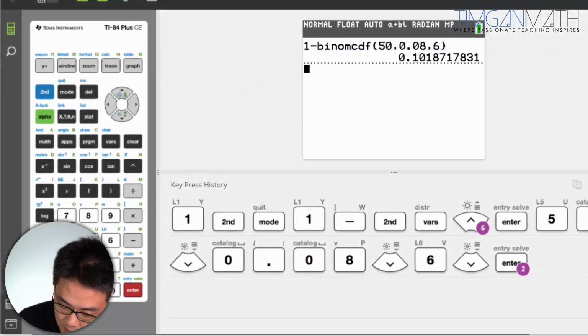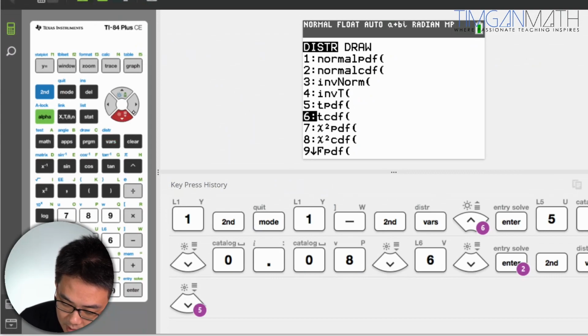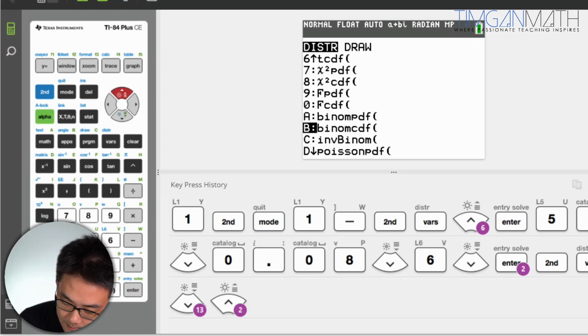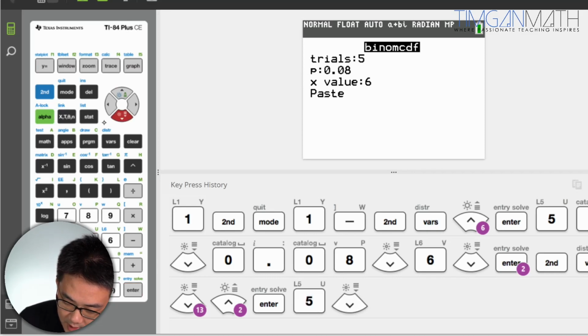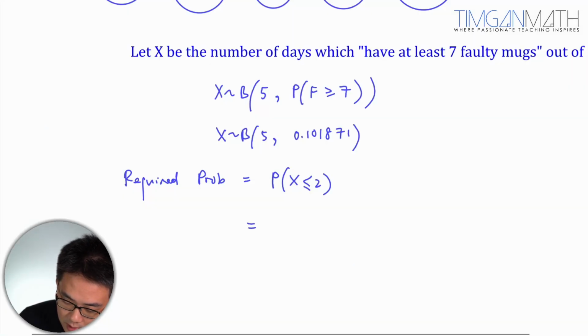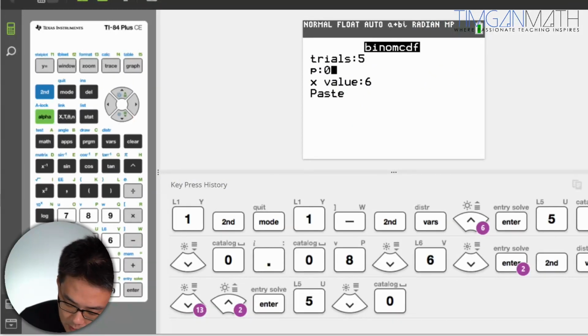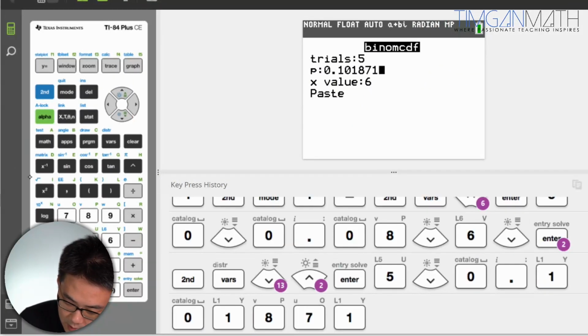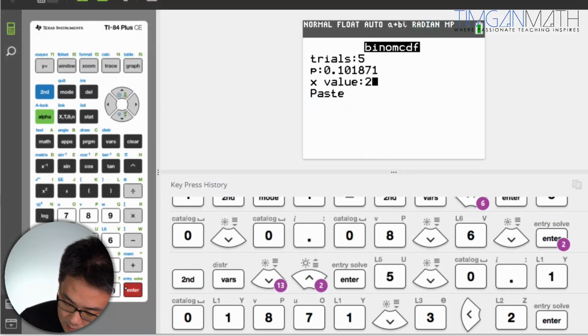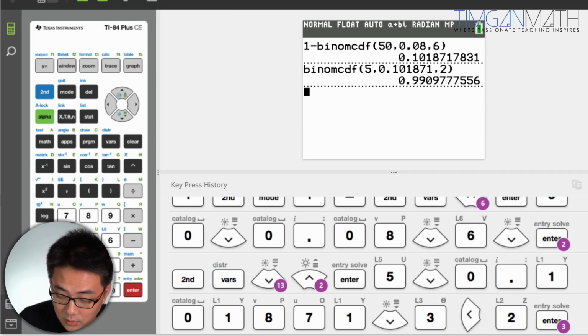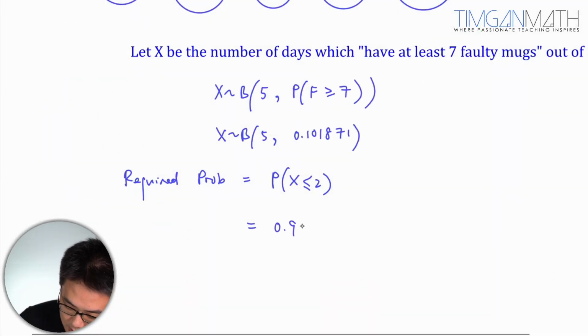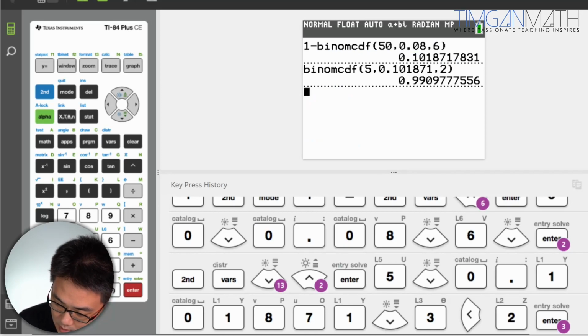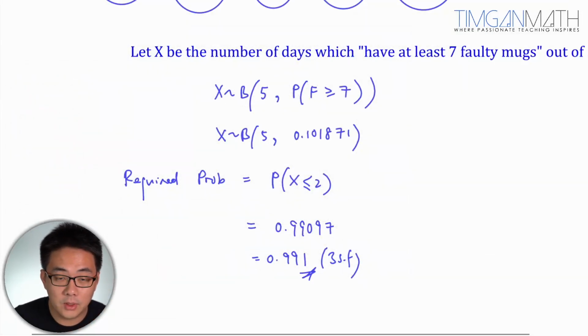So on the calculator, this case here would be binomial CDF, and trial is 5, and this would just be 0.101871, hopefully correct. This is 2, 0.99097, so 0.991. Yes, so this is how you do this question proficiently.